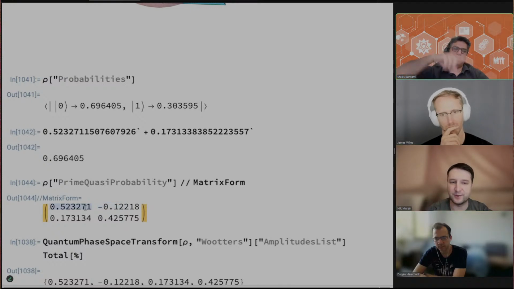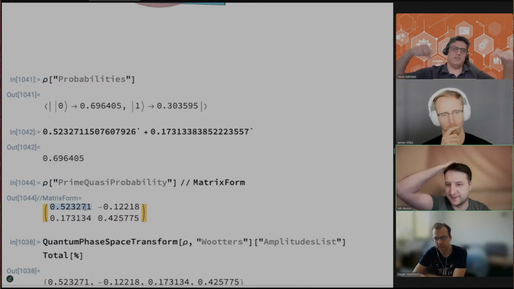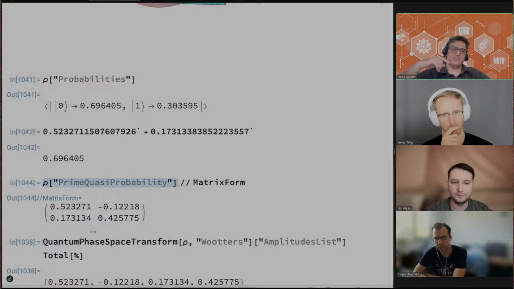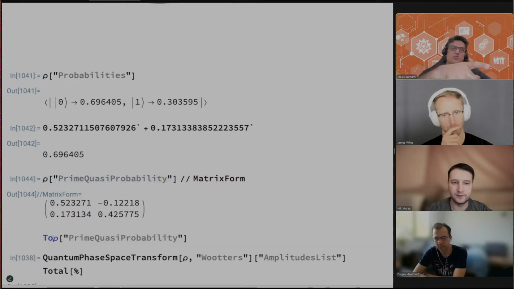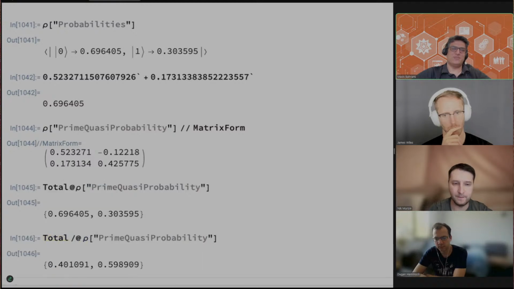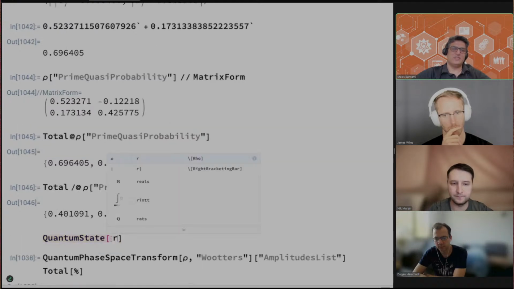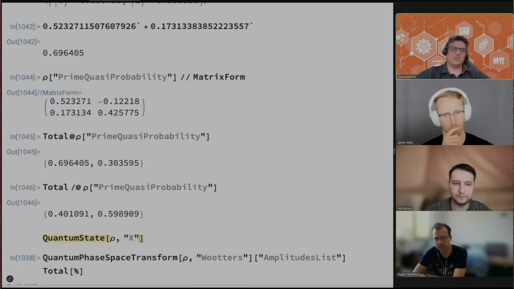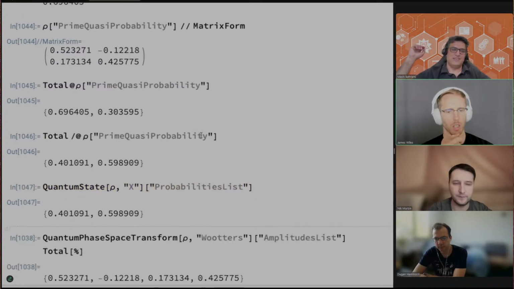So this corresponds to exactly some probabilities. If you add up the columns, these are the projective measurements along the z direction. Nick showed the probabilities in x. If you add them up along the rows, it's going to be the probabilities that you get along the x direction.